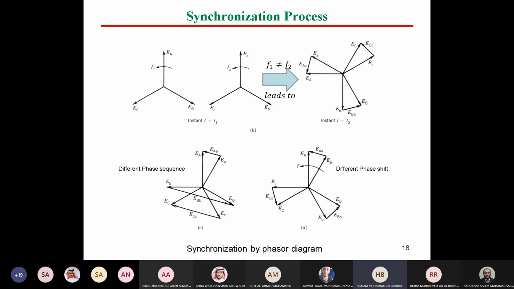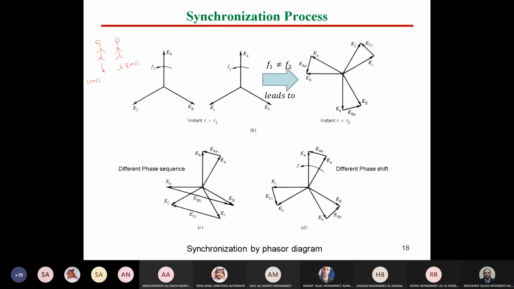Honestly, it's not clear for me. Let me give you an example. If you have two persons, one is running 10 meters per second, and the other is moving at 8 meters per second.